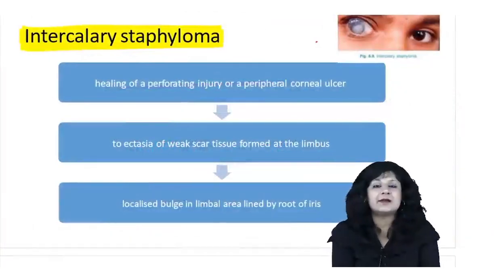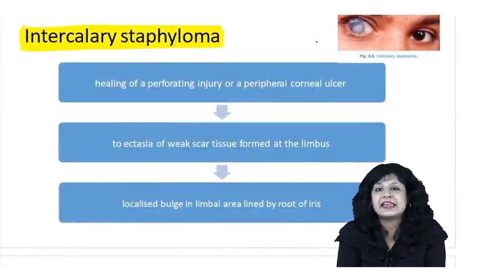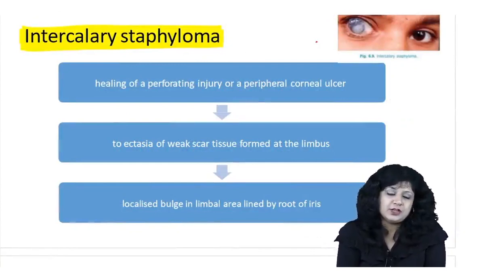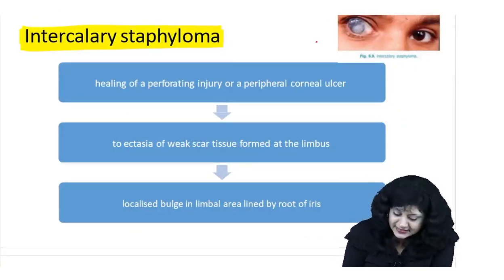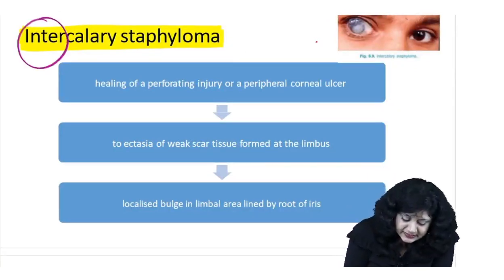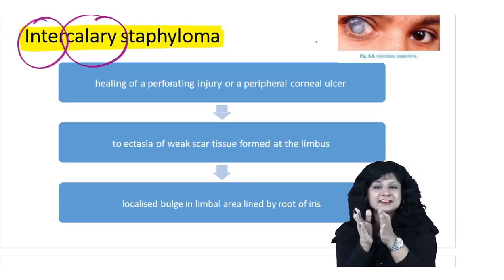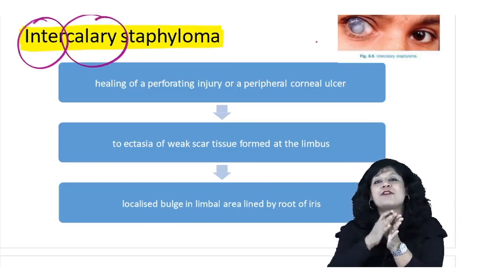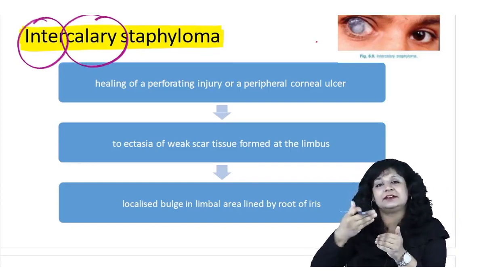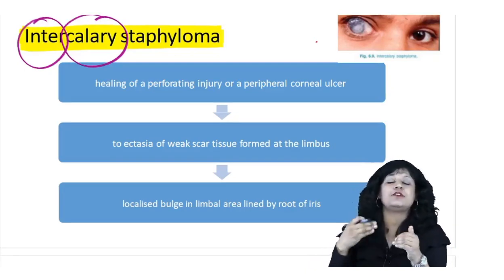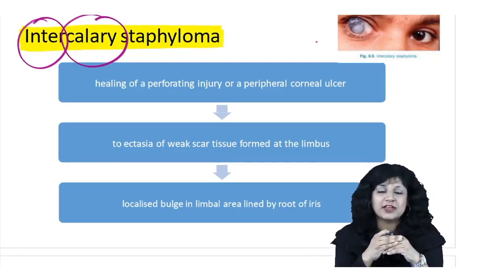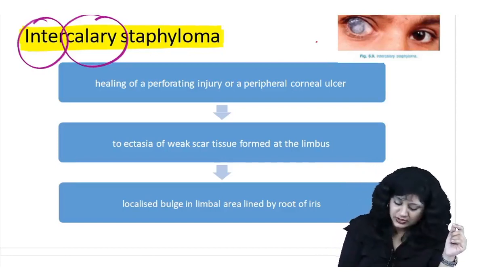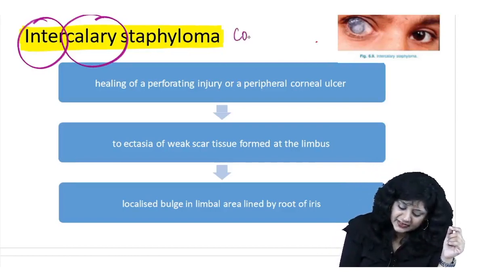Now next we come to intercalary staphyloma. The name is intercalary, so it means there is some area where we have a demarcation. So we have the fibrous coat. Where do you get that demarcation? Demarcation is at the border of the cornea and the sclera.